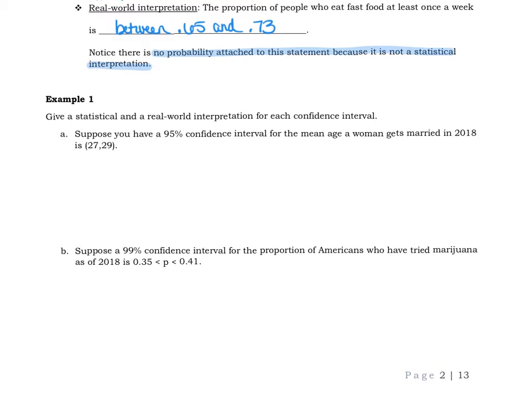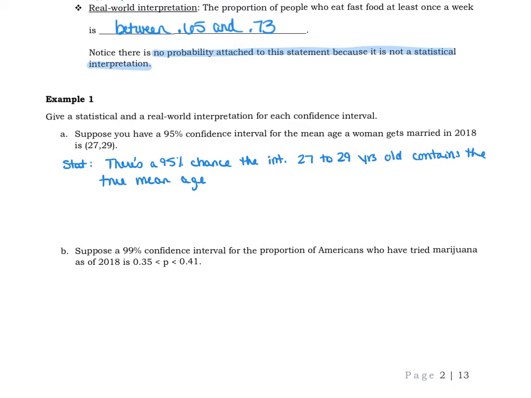So the statistical interpretation would be there's a 95% chance or probability, if you'd rather use that word, the interval 27 to 29 years old contains the true mean age when women marry.